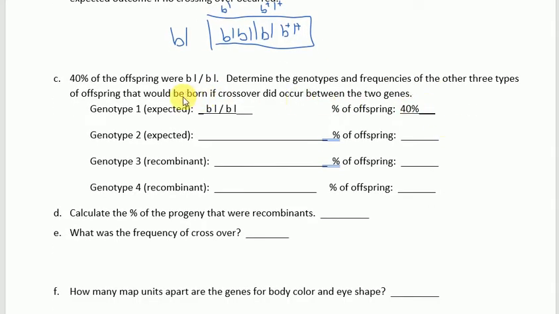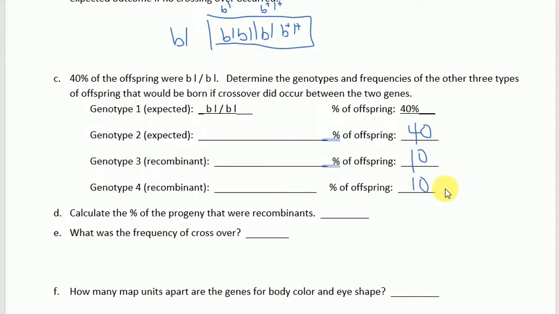Okay, so we know that we've got 40% here. And this is our expected, our norm, versus our recombinant. So we know that if we have expected 1, over here is 40, then our genotype 2 is also going to be 40. So that tells us that we have 80%, we need to equal 100, so these two would be 10.